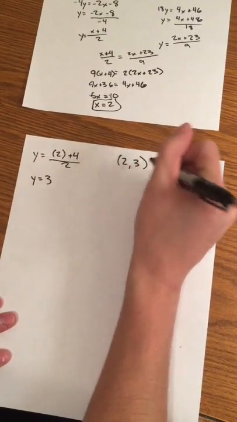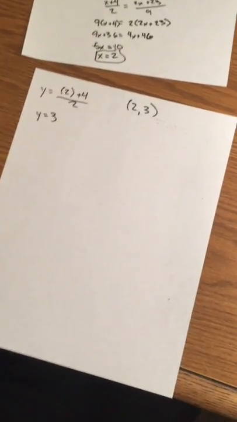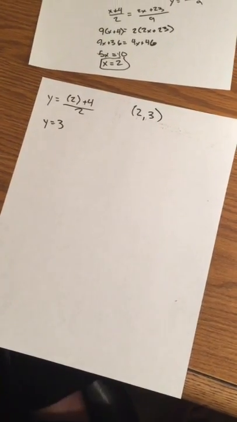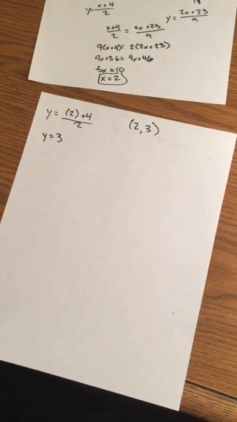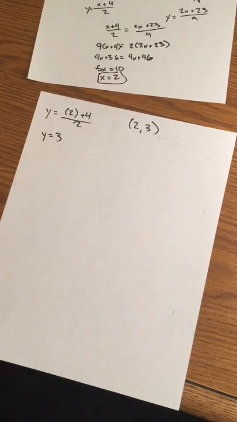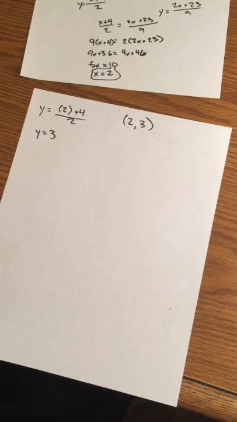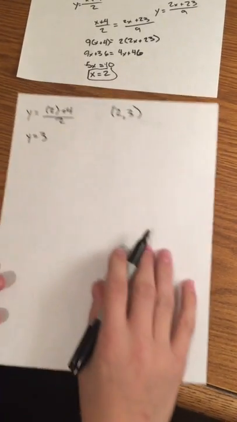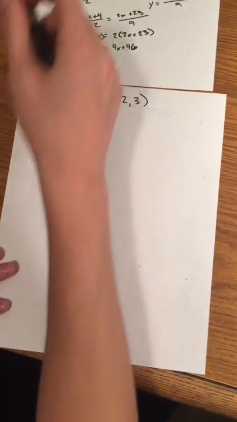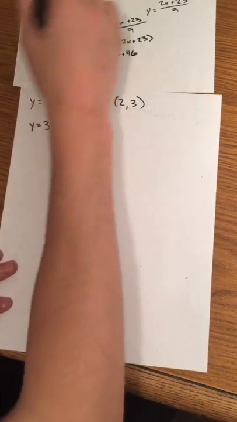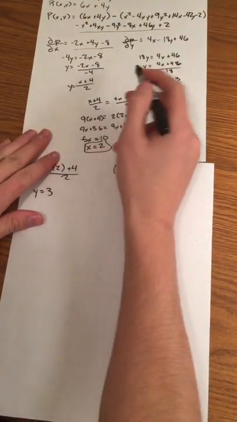We have everything, right? Not really. We have to find out if this is going to be a maximum or a minimum. So how we do that is with the second derivative process. We got to go through this process real quick. So we have our first derivative of x up here, our 2x plus 4y minus 8.